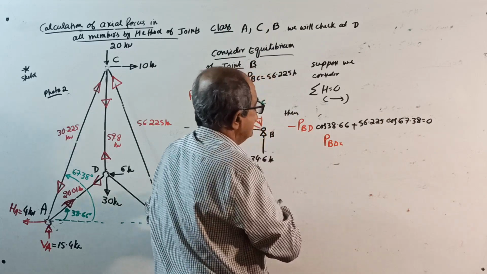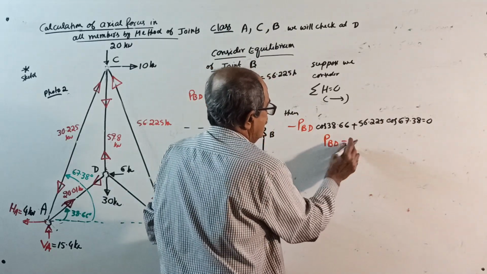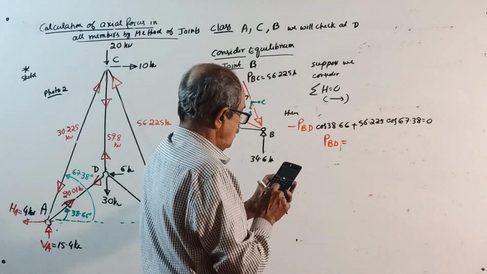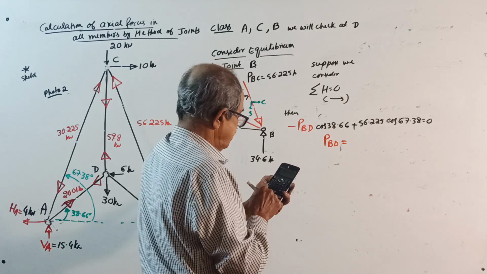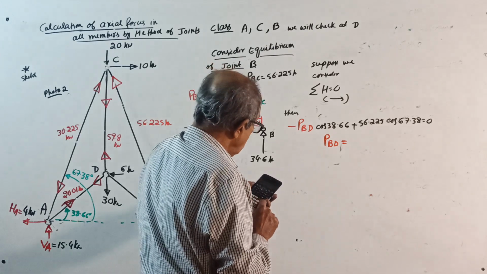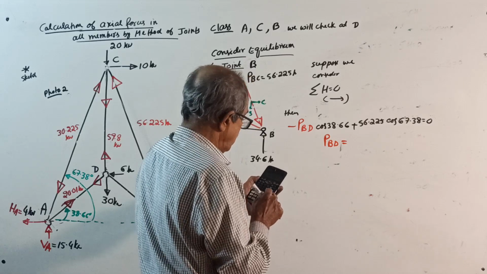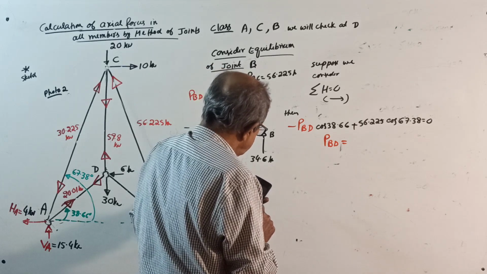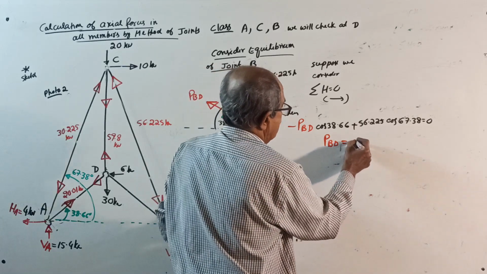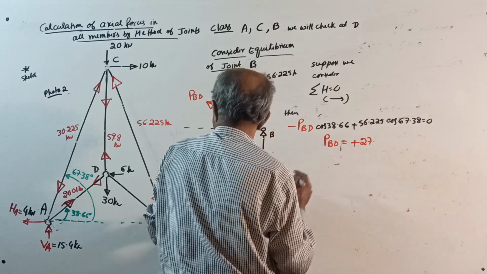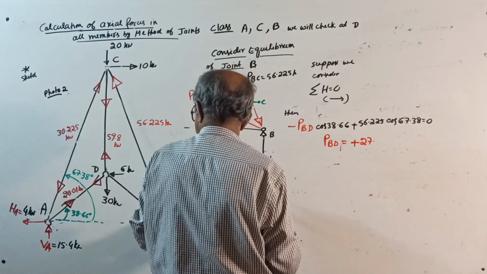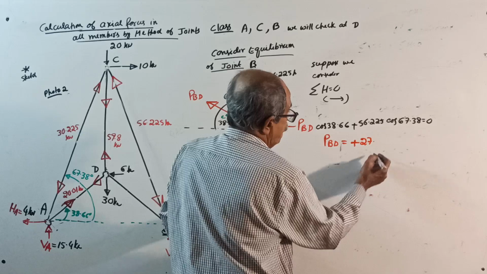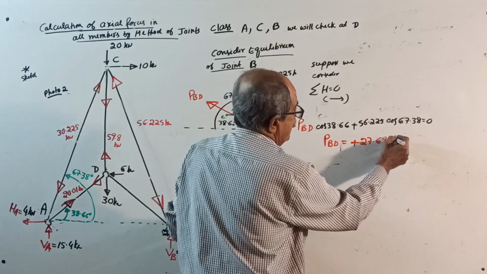Let's see what value will come: 56.225 into cos of 67.38 divided by cos of 38.66, which is 27.694 kilonewton.